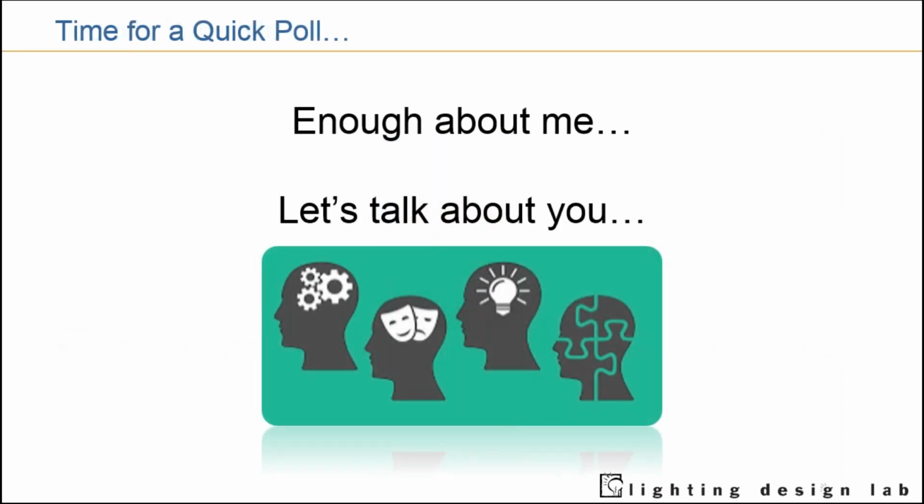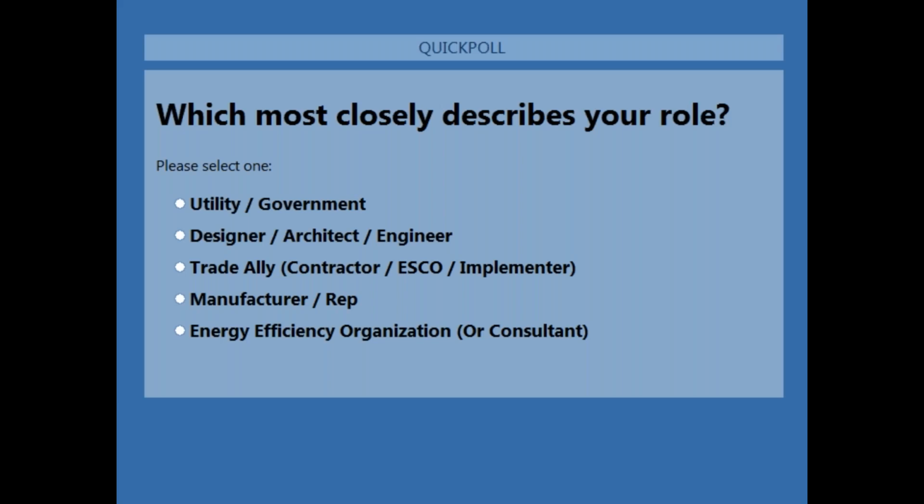But enough about us. I wanted to ask who is out here with us today. So if we can please, I'm going to have a quick poll just to see who's joining us today. So please participate. I want to see which most closely describes your role. And thank you to everybody that's already voting and joining us. That's a nice, pretty even spread. Two thirds of everybody has been voting.